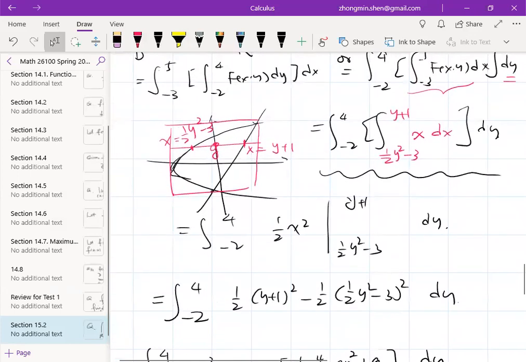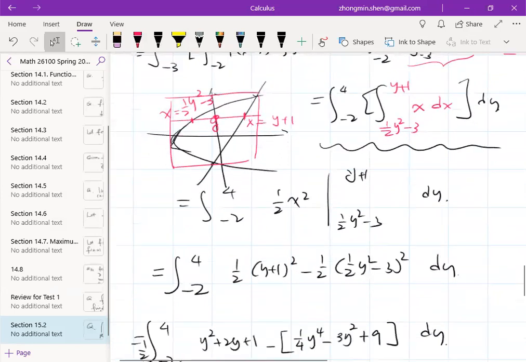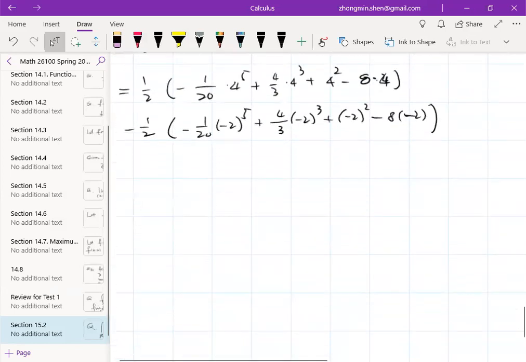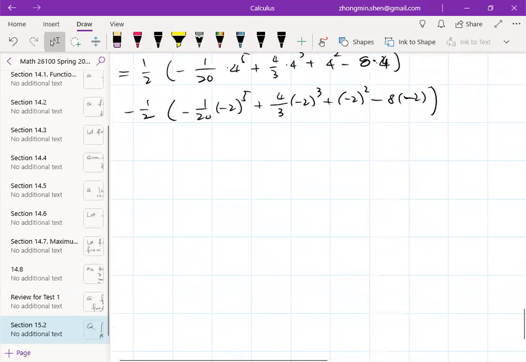If I switch the order, I have to use vertical lines, then break the integral into two integrals, because there's trouble describing the vertical interval for any given x. It's not easy to do that. So I'm going to find another problem where you can use either of them.